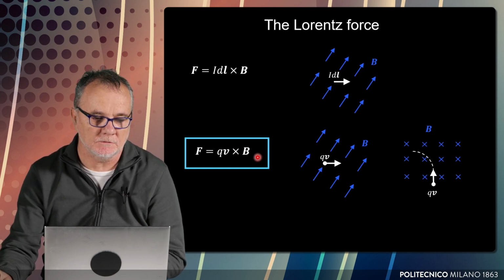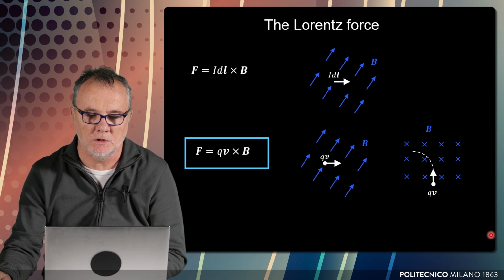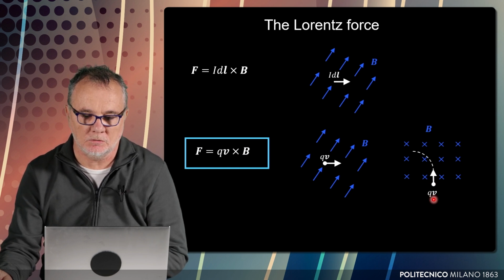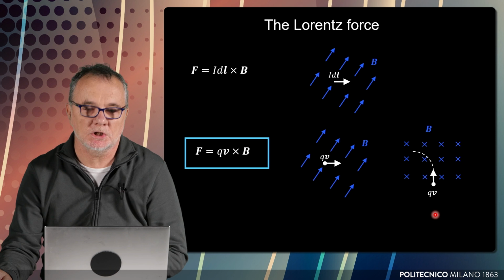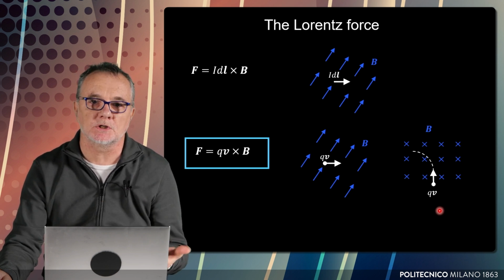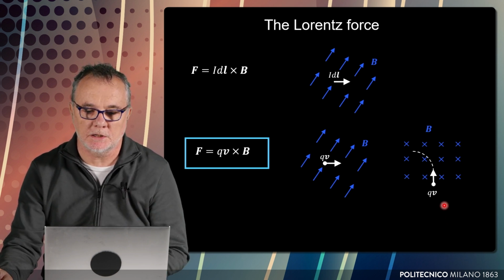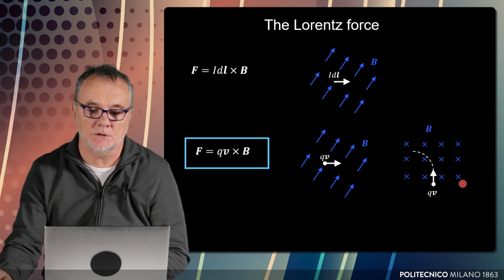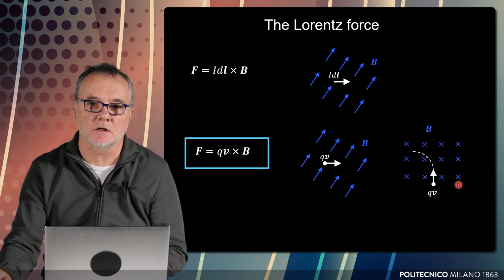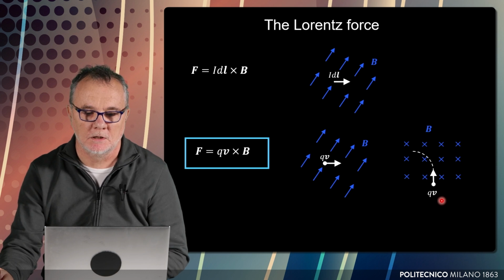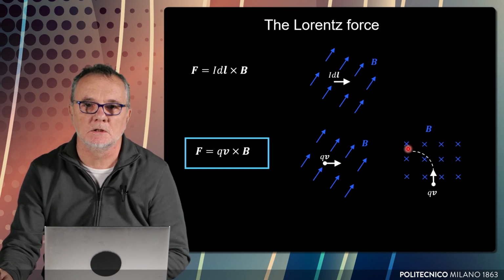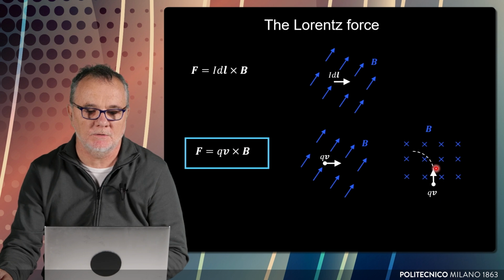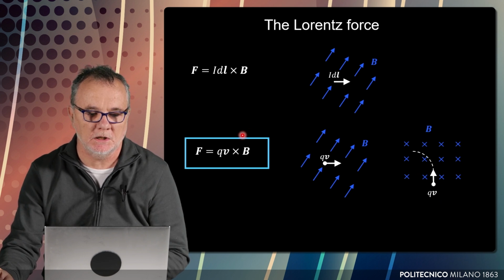By simple application of this cross product, we notice that, for instance, for the case shown here, let's say our charge is a positive charge moving along the direction of v, shown here. It enters a field that is oriented into the blackboard. See, these crosses mean that the field is entering the blackboard, and the direction of the force tends to rotate the trajectory of the particle inside this field in this direction. And this can be easily obtained from this cross-product expression.